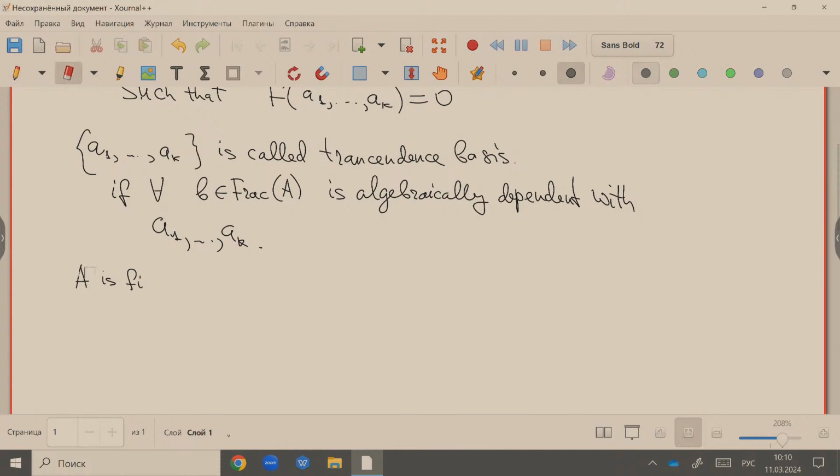Here, notice one useful remark, which we already have observed with integer elements, and it actually follows from what we have said about integer elements.